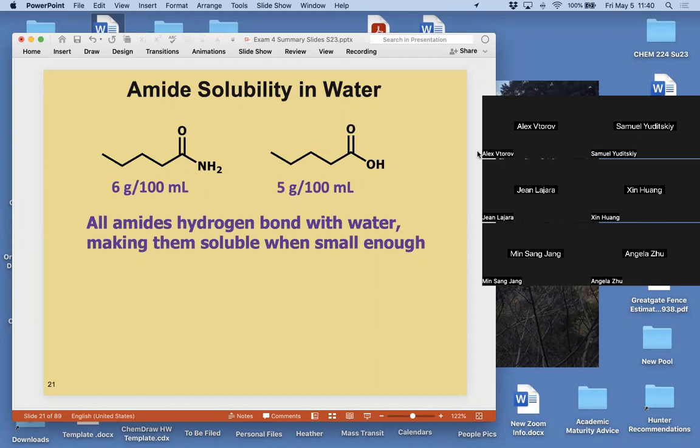So this just summarizes that solubility in water is a lot more boring. Any good hydrogen bonding interaction is as good as any other.